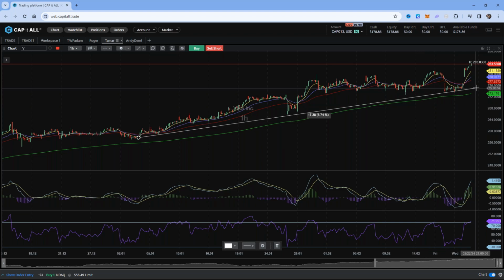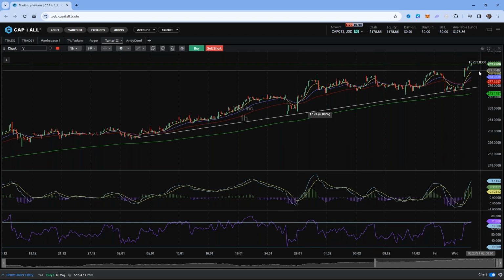Just trying to find a line of best fit. So what's the RSI? RSI is overbought. We did have a correction before. Overbought, we did have a correction. Overbought, we did correct. Eventually we corrected.